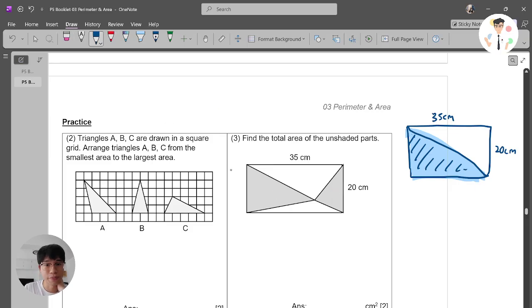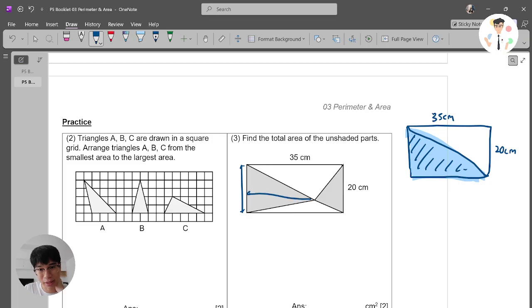Because in this space, both of them have it. And the height, this plus this height, is actually the total length of it, which is 35. That's why, although it looks weird, this shaded part is actually half of the rectangle here.